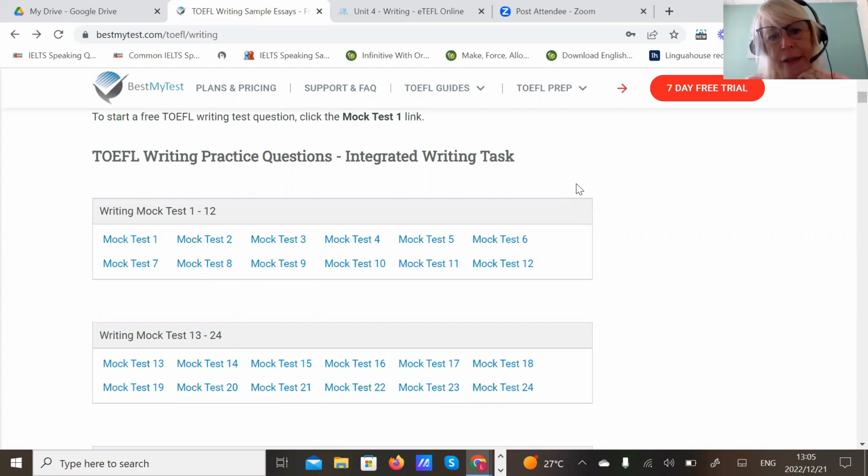In the writing, it's also important that they have analytical skills. When they look at the writing topic, they must be able to think, what are they actually asking me? Are they asking me about my opinion? Are they asking me advantages, disadvantages?